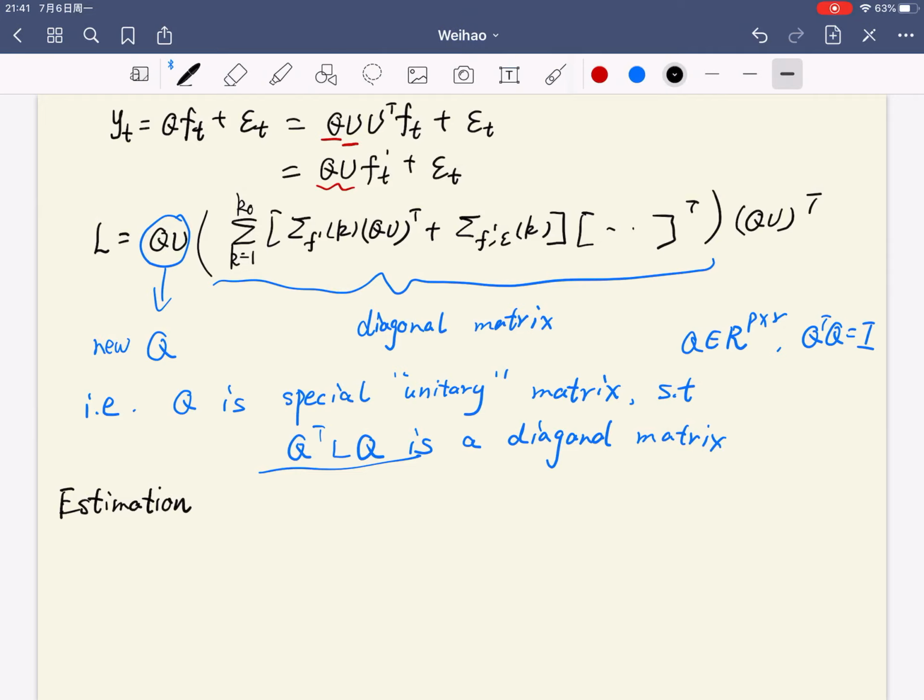Because we only observe y_t, we can form the sample version of L. First, we form the sample version of autocovariance for y and take the sample version of L as this.